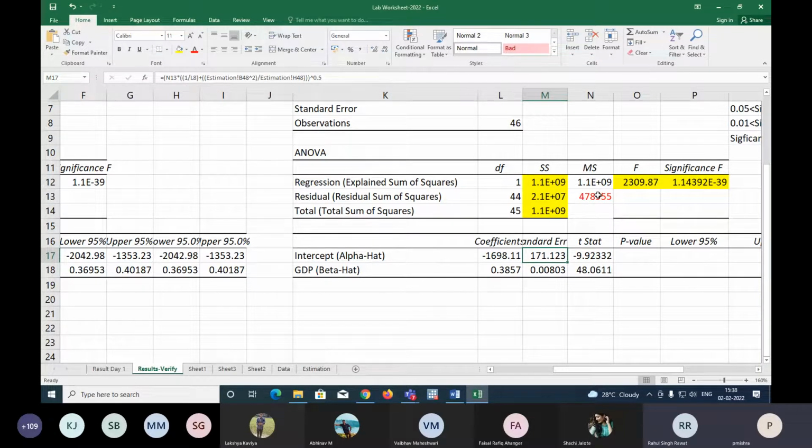Remember, this is sigma hat square. And then we are taking the square root.